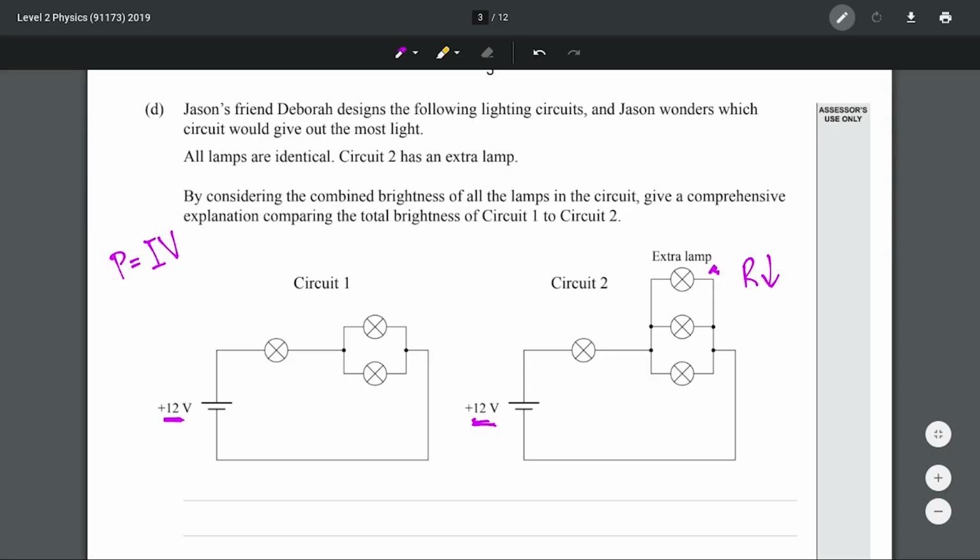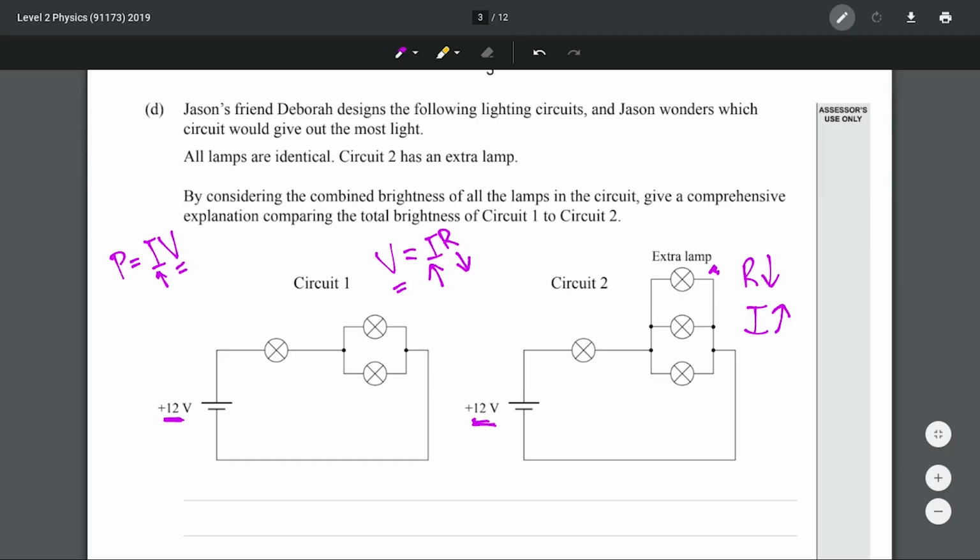Now, Ohm's law tells us V equals IR, where if our voltage remains the same and we decrease our resistance, our current must increase. So our current in circuit 2 must be increasing. So if the current increases and the voltage remains the same in our second circuit, then our power goes up, meaning that circuit 2 consumes more power and therefore has the most brightness.